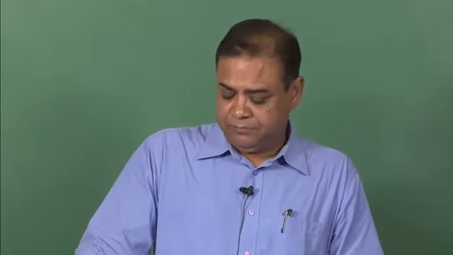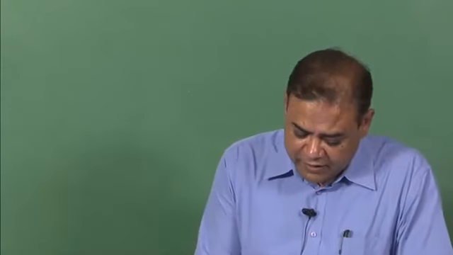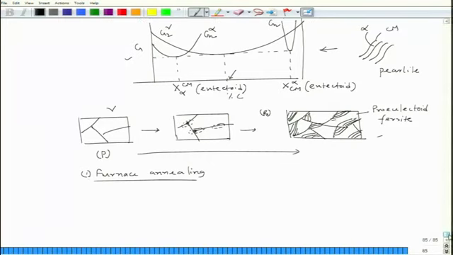And that is also called furnace annealing. So, furnace annealing is one heat treatment practice in steel, where we get equilibrium structures, equilibrium phases.